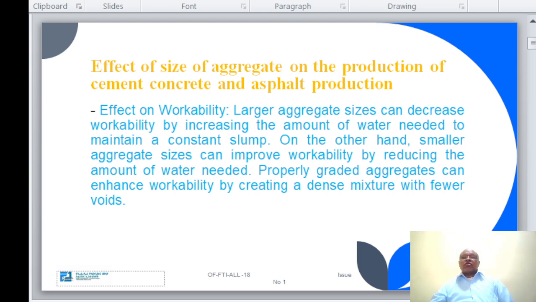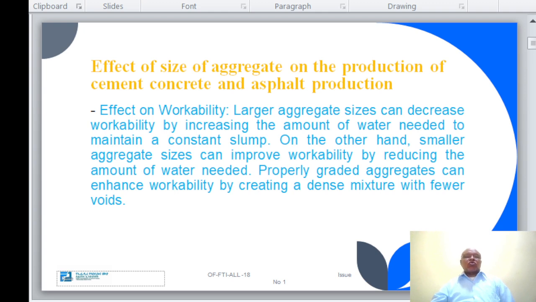In concrete production, the size of the aggregate plays a crucial role in determining the workability of the mixture. Smaller aggregate tends to create a denser concrete mix, while larger aggregate can provide better resistance to cracking and shrinkage.